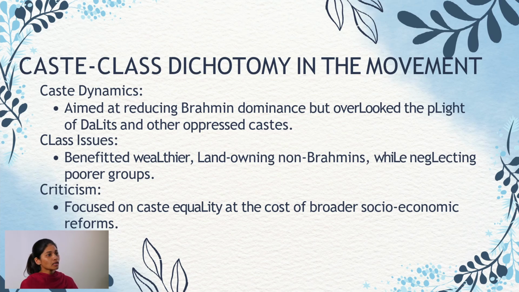The policies and political representation gained through the movement primarily favored economically advantaged non-Brahmins such as landowners and business elites. This created a scenario where wealthier classes within the non-Brahmin community enjoyed the benefits of political power and economic opportunities, while poorer non-Brahmins and Dalits continued to face socio-economic challenges.